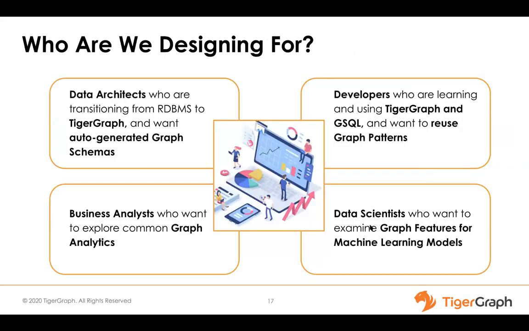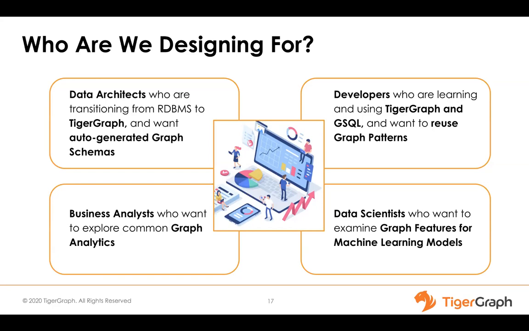So who are we really designing for? We're designing for data architects who are transitioning from relational databases to TigerGraph and really just want these auto-generated graph schemas for very quick usage. And we're also designing for business analysts who just want to explore common graph analytics, but don't want to learn GSQL.